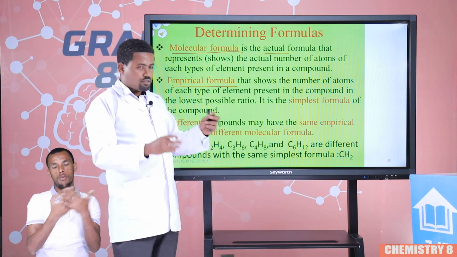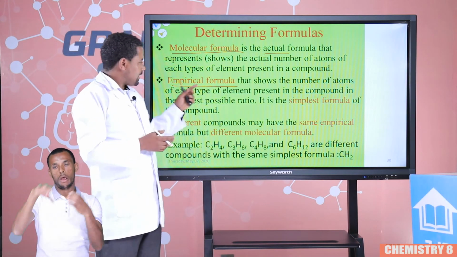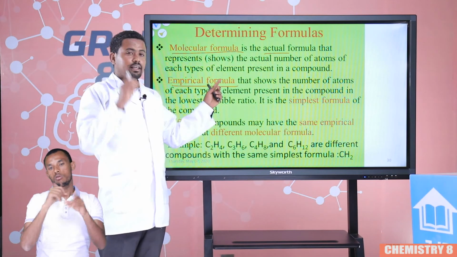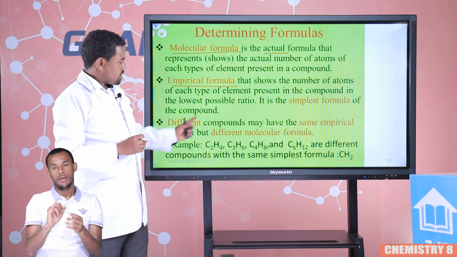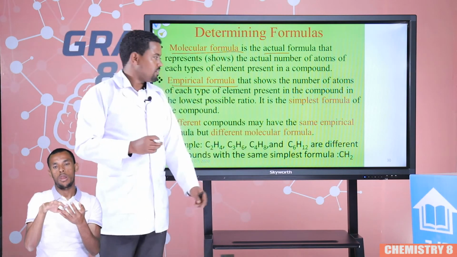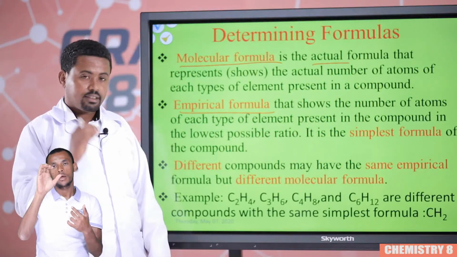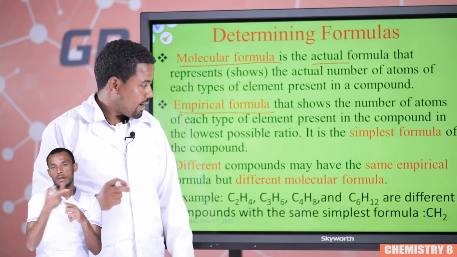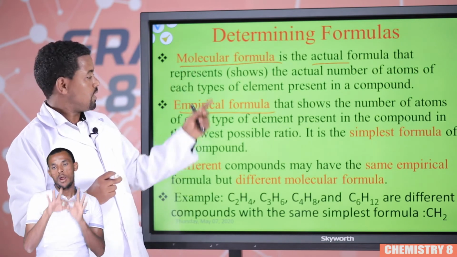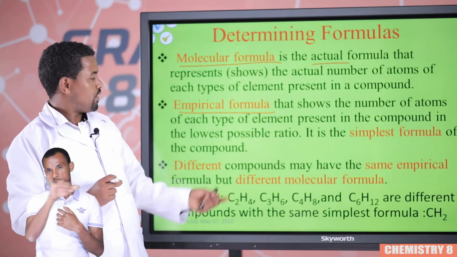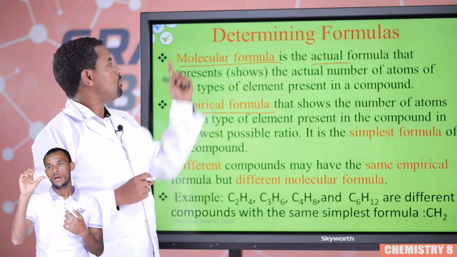It shows the ratio of atoms in a given chemical compound, but it does not tell us what the compound exactly is. Different compounds may have the same empirical formula, but they do not have the same molecular formula.